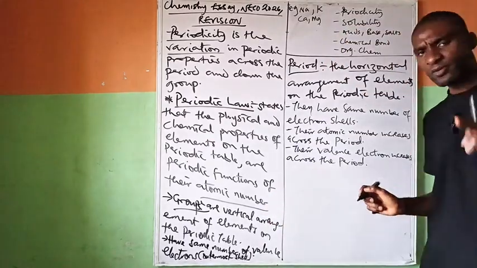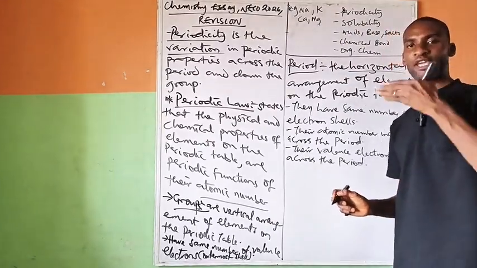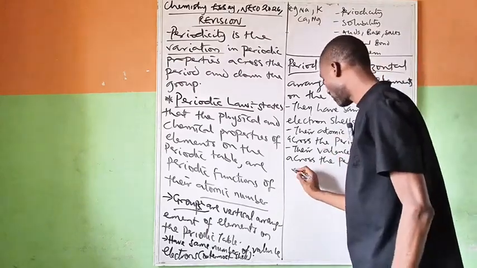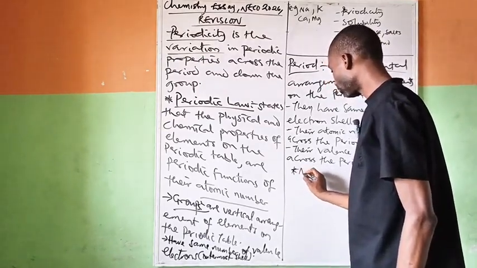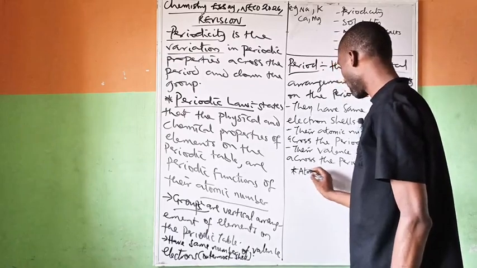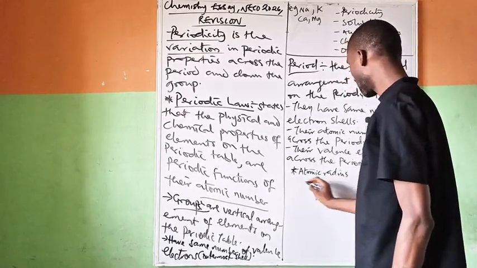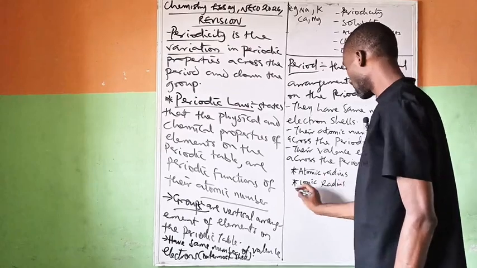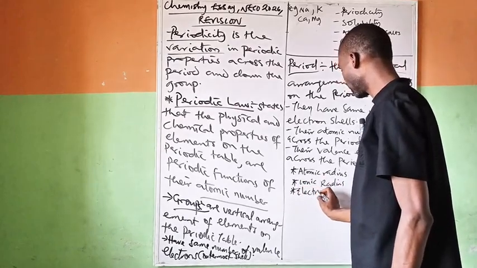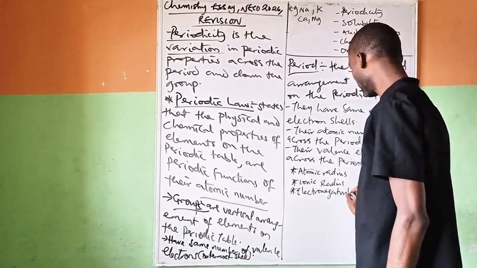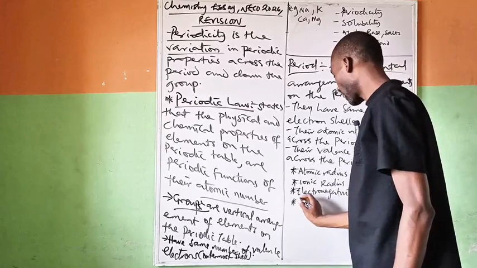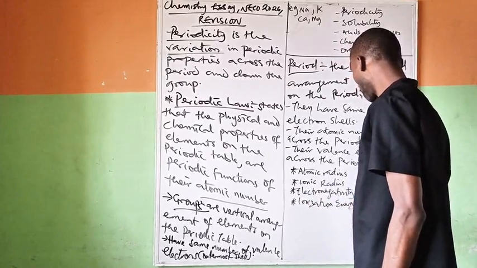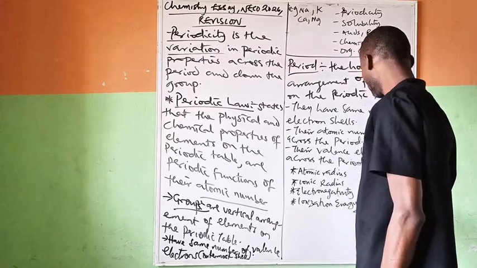Now let's talk about those periodic properties and how they vary. I told you I'll give you a shortcut to do that. So those properties, number 1, we have atomic radius, ionic radius, electronegativity, ionization energy or ionization potential.